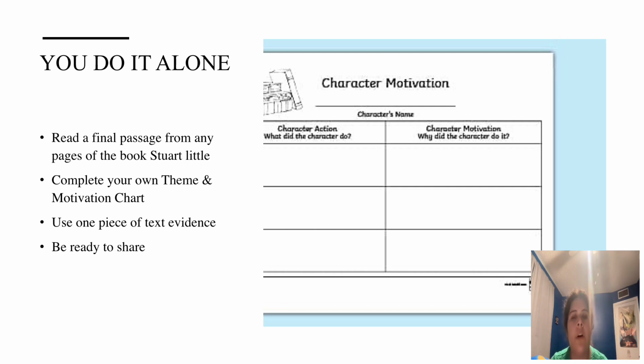Character action would be, for example, Stuart Little went for a walk around town. So what did Stuart Little do? He went around town, but what was the motivation behind it? He's been wanting to leave the house.